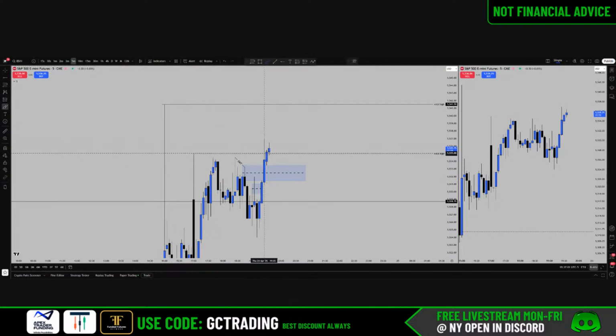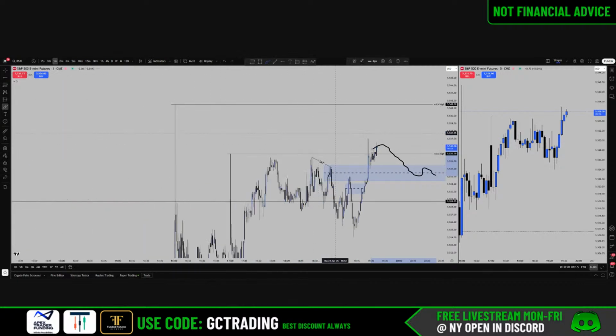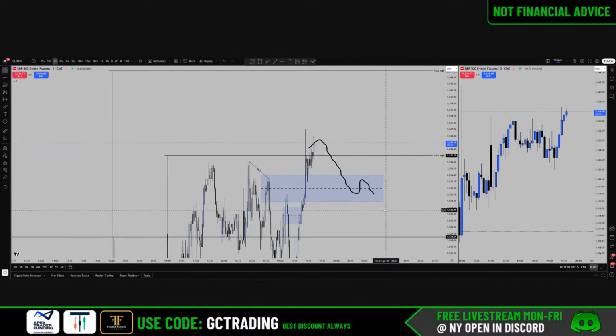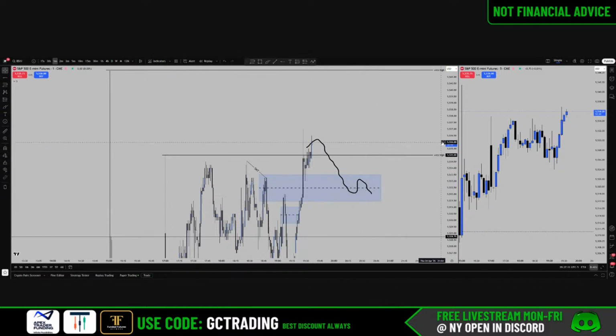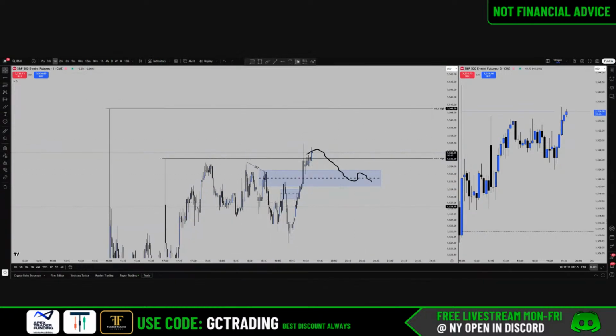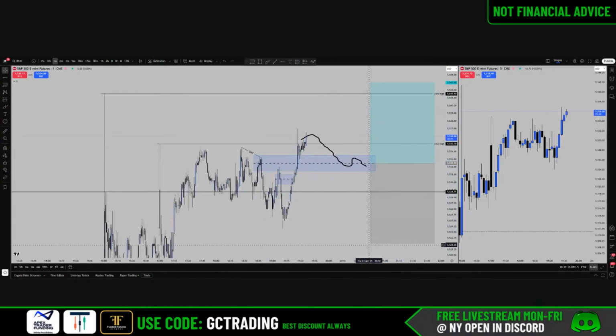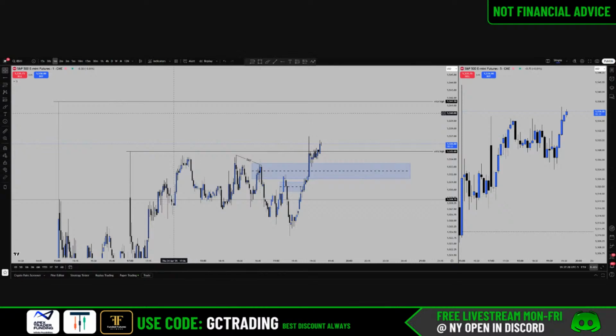So if you were looking to get long into here, this is a 5 minute fair value gap, drop down to the 1 minute or 30 second or whatever time frame you look to get in on. Then look for your inversion in there, and then you would just target your wick high like that. All good, TA.